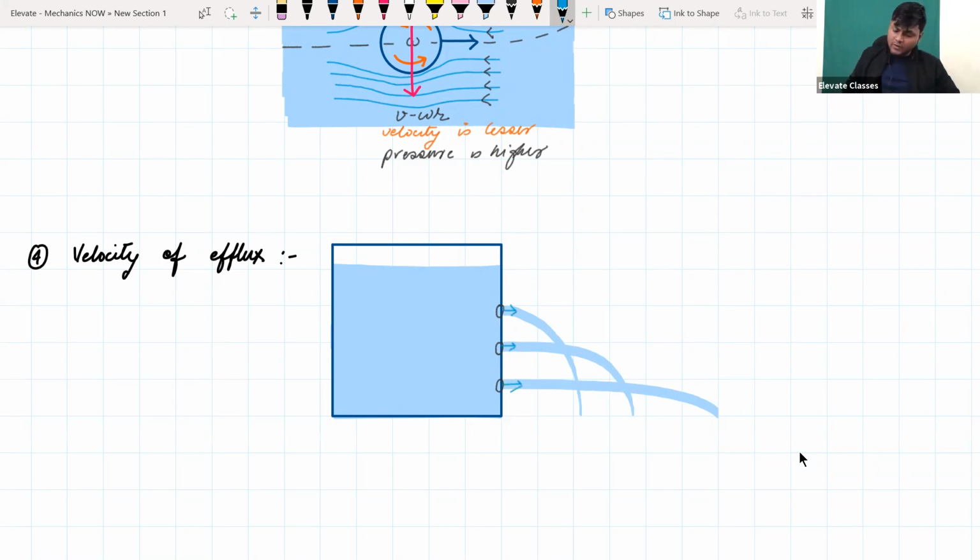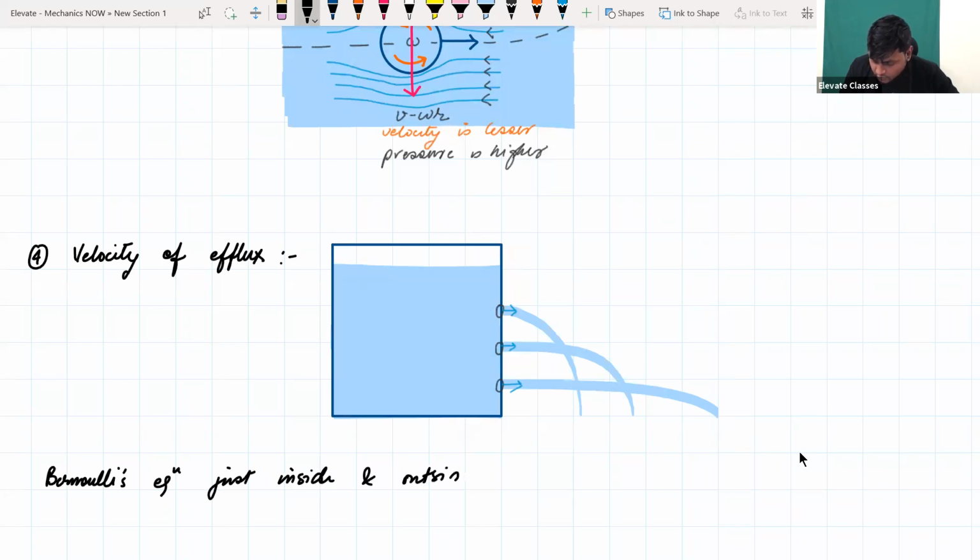Now effectively what is happening is that this also comes as a consequence of the Bernoulli's principle only. It's just that if you look at the Bernoulli's equation, just inside and outside an exit.